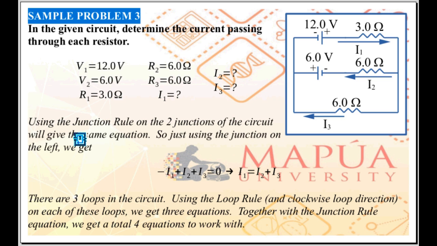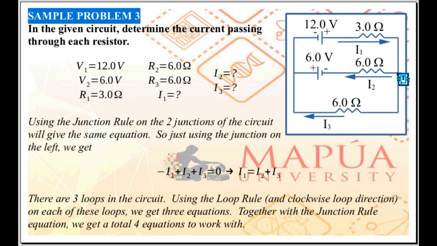First, using the junction rule, we look at the junctions of the circuit. You have this junction and this junction. Looking at junction 1, we have currents I1, I2, and I3 associated with this junction.